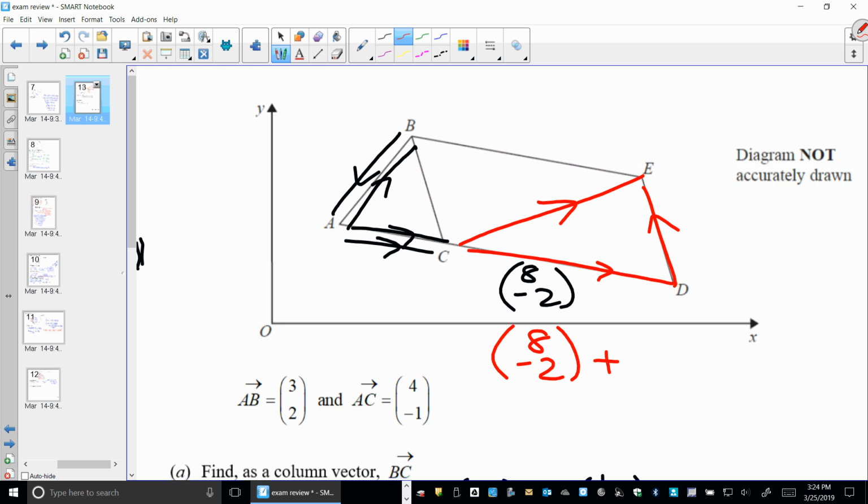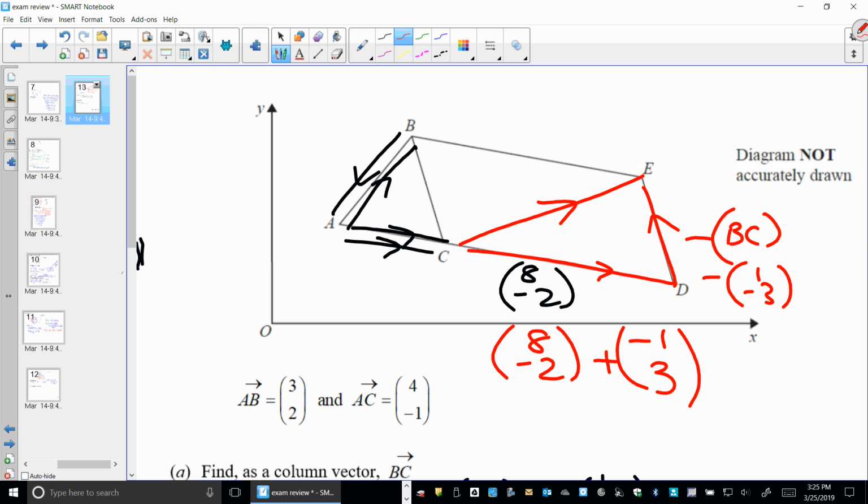We just found BC to be 1, negative 3, so DE is going to be negative 1, positive 3. So DE is the negative of BC, which gives us negative 1 and 3.